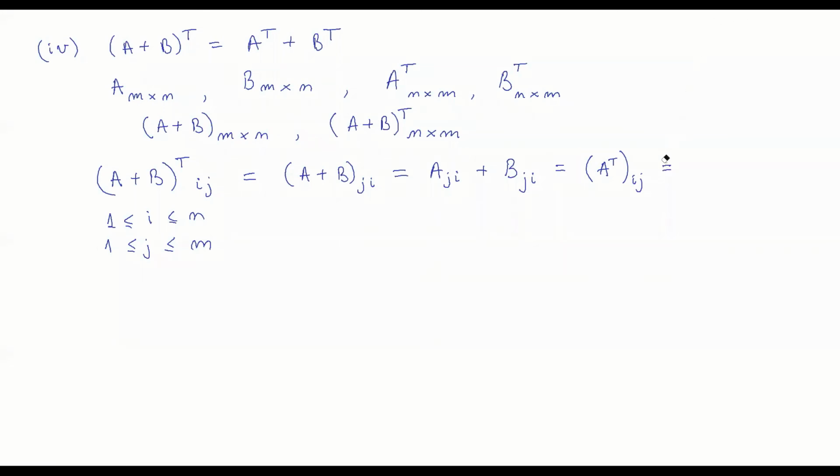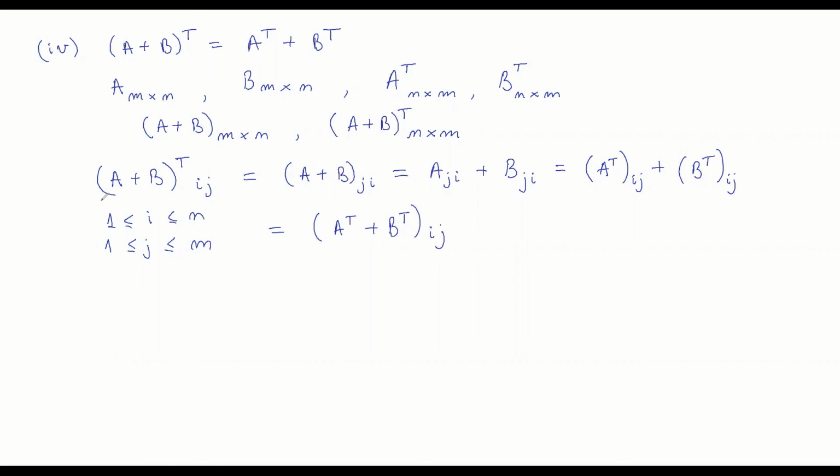And this is plus. Same thing if I think in terms of transpose of B, this is the element ij of the B transpose. And this by definition is going to be exactly A transposed plus B transposed, element ij of this matrix.